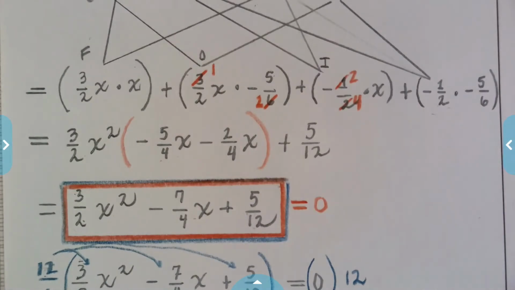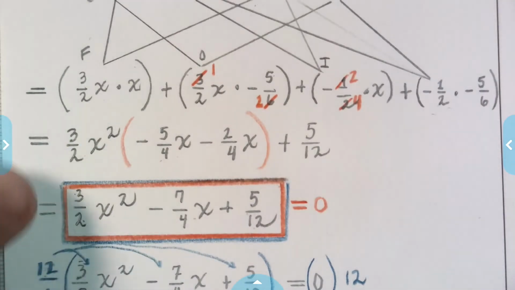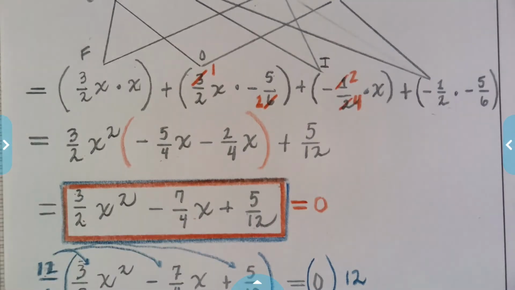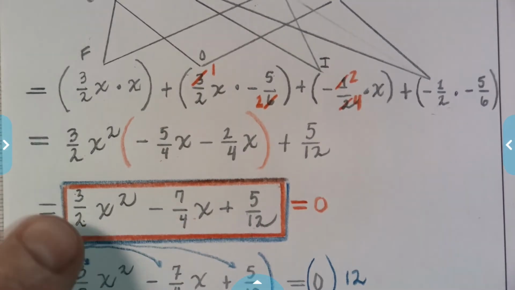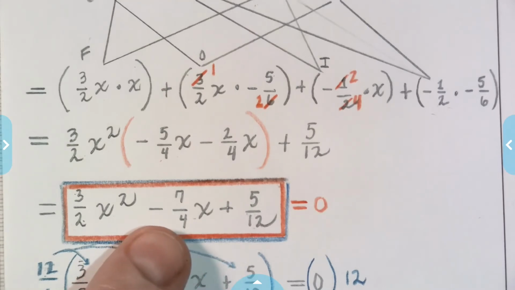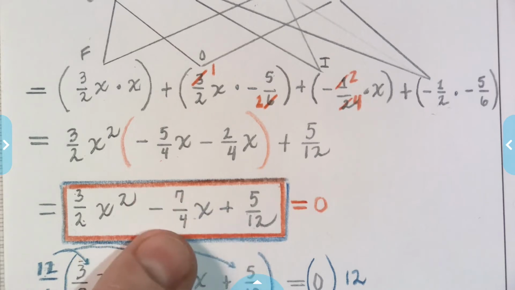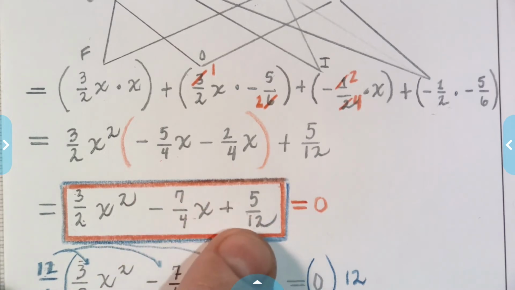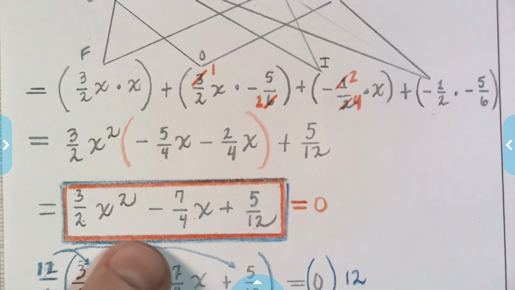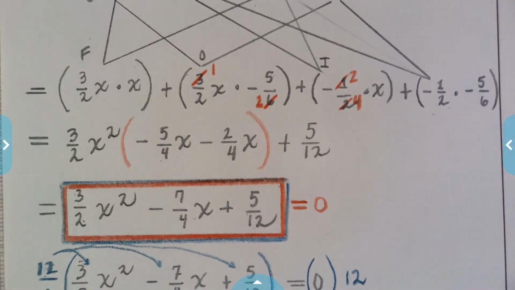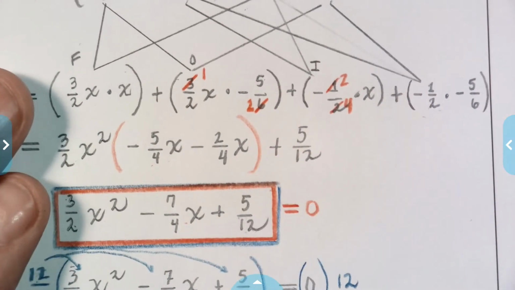I think no, because I would essentially distribute multiplying a 2 instead of a 12, and I would get rid of this and make this negative 7 over 2, and then this would be 5 over 6. But see, that would change the y-intercept. It would actually change the shape of the graph. And I don't know that we should do that. So I'm going to leave it like that. And you guys tell me if that's wrong in Delta, and then we can fix it on an individual basis. Okay, moving on.